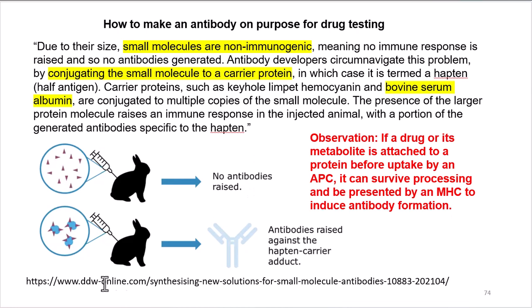But if you pre-made the complexes with protein, then the proteins would be phagocytized, and eventually you'd get presentation by the MHC2s, and then you'd have antibodies made. So that's the way you purposefully conjugate. If you want to make antibodies, you purposely conjugate the drug to protein.